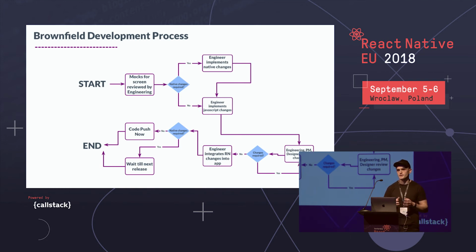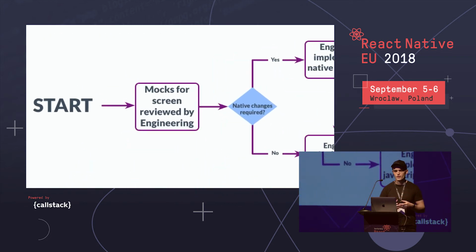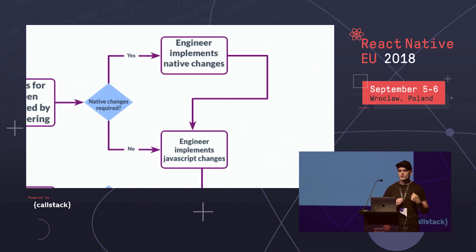But what I want you to imagine is that we're working at a company, and maybe Torben is the Android expert at this company, and Michael is the iOS expert, and I am the React Native engineer who is working on this sprint. So the process would start off, we review the mocks that have been designed by the designer and the product manager, and the thing that we're looking for here is, do we need to actually make any additional native changes to these mocks?